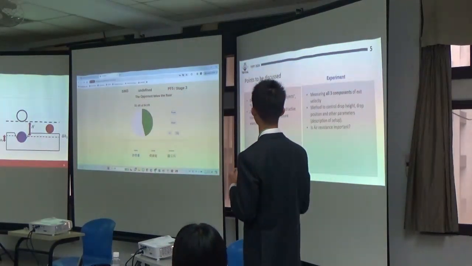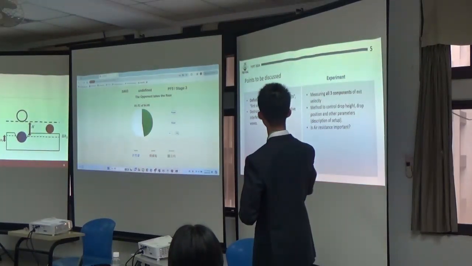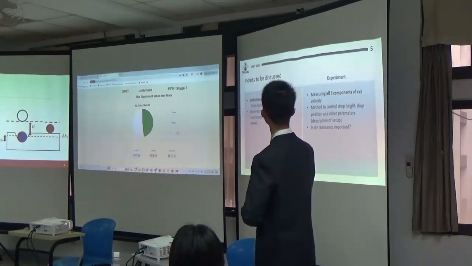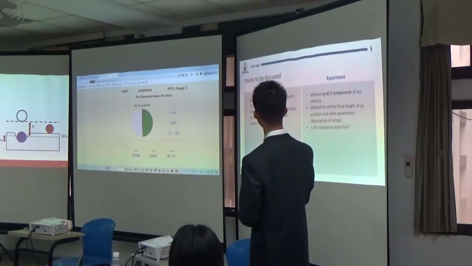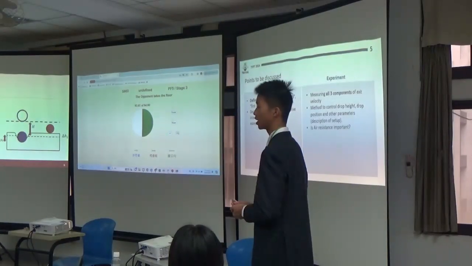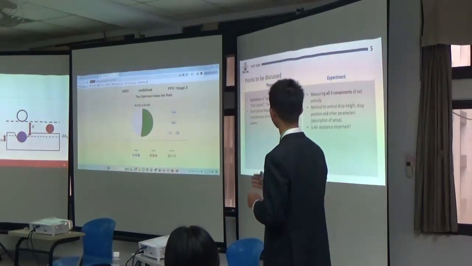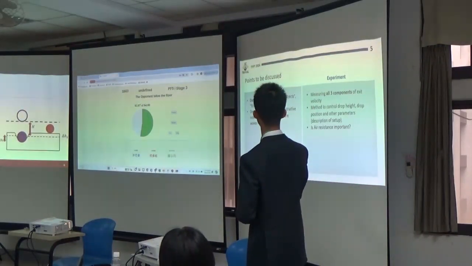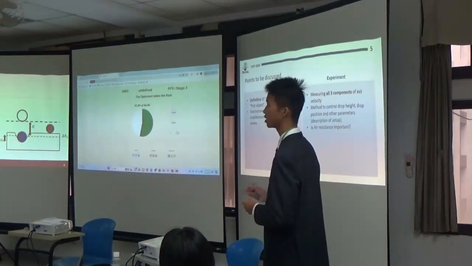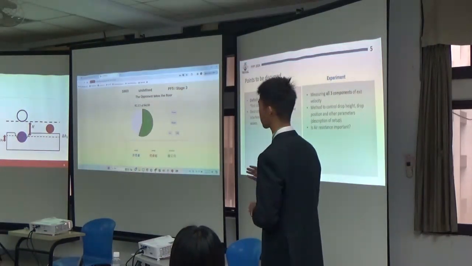So for a few points to be discussed, I would like to discuss the definition of some keywords in the problem statement, such as large, several objects, the first object, and most importantly, the exit velocity. And because the reporter talks about waves, I would like to discuss whether there may be destructive interference, constructive interference, and what effect it will have on the projectile.